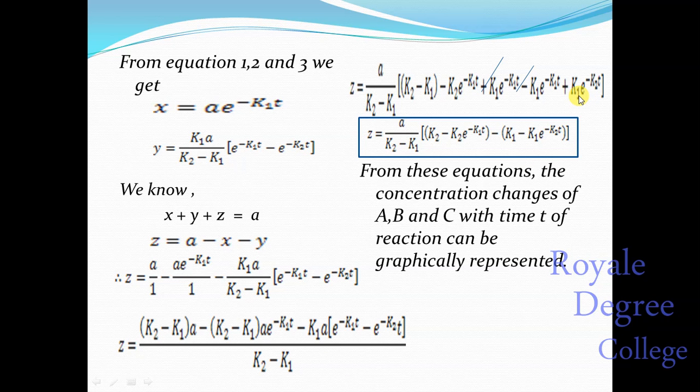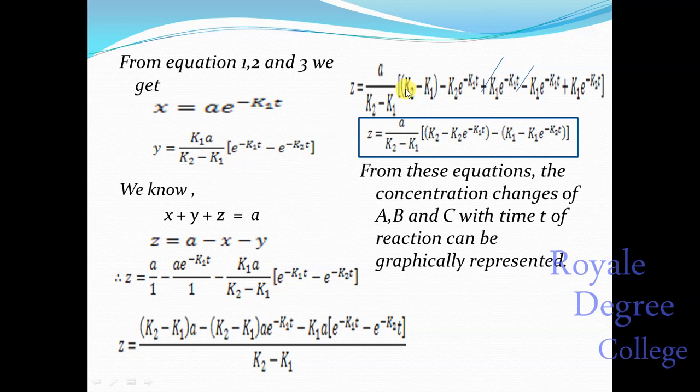Now the positive and negative terms with the same values cancel. That is plus k1 e to the power minus k1t and minus k1 e to the power minus k1t, both values get cancelled. The rest of the terms we keep as it is. But now we bring k2 to one side.